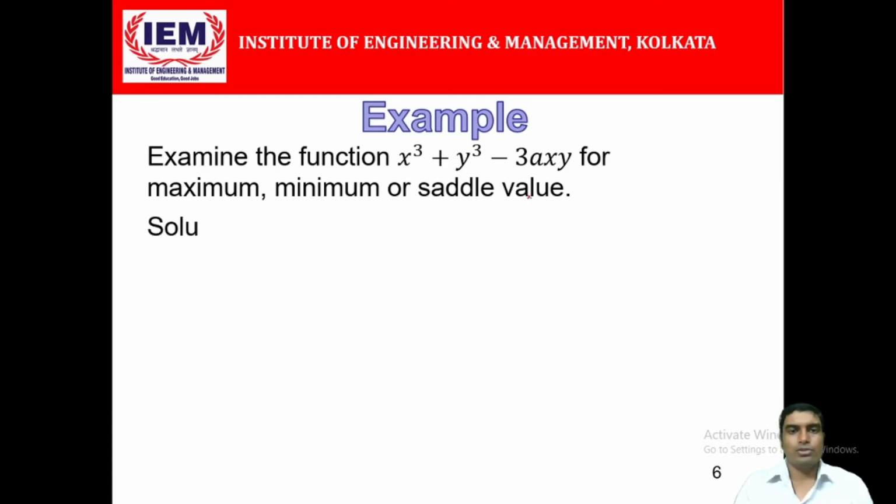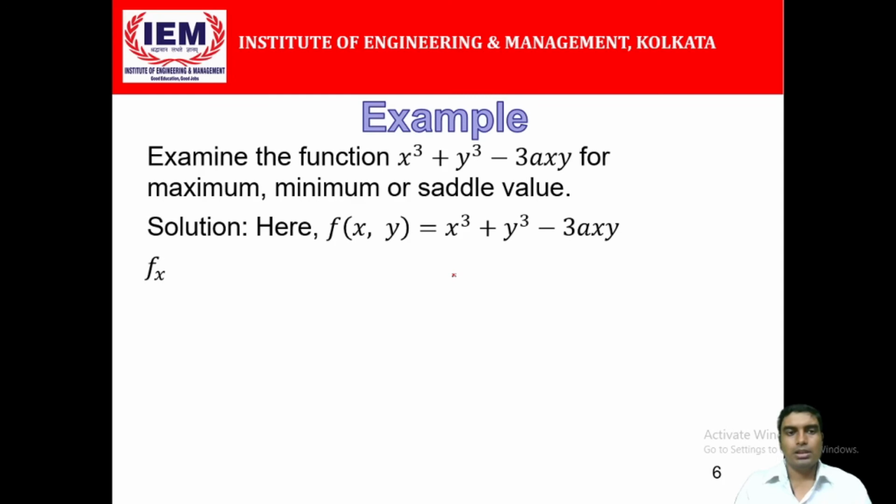First we take the partial derivative with respect to x, which gives 3x squared minus 3ay, and we set it to 0. And the partial derivative with respect to y is 3y squared minus 3ax.